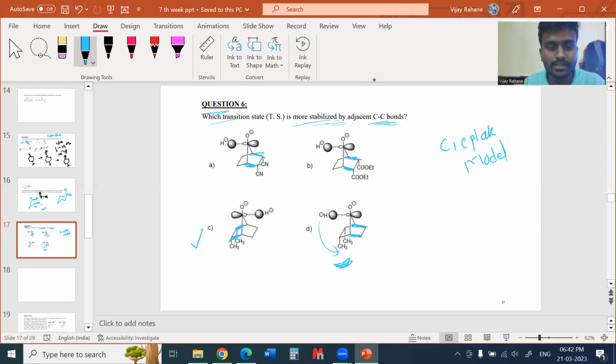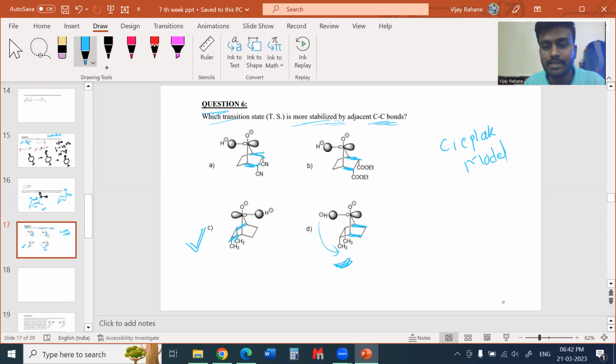In the C model you can see it is in favor, right? So this electron donating methyl group will definitely help to stabilize this carbon-carbon bond by increasing its electron density. This enhances the stabilization in C. So C is the correct option.